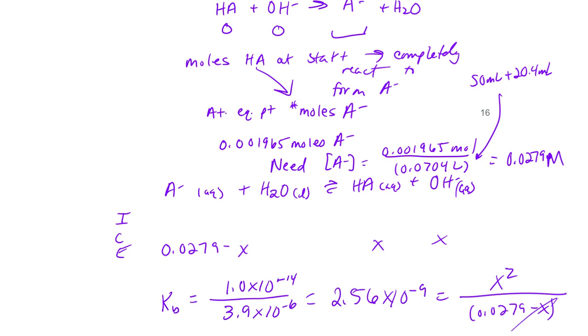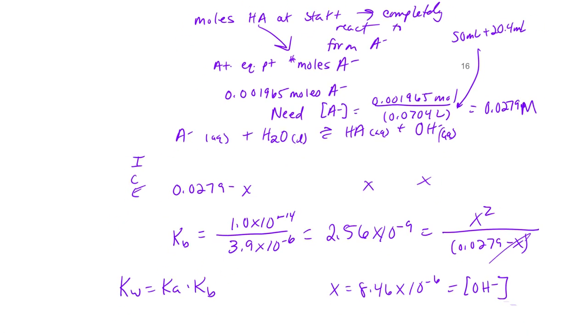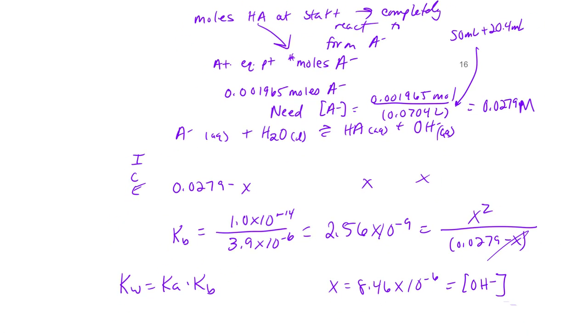Remember, we have this part of the weak base problems. You find x, that's the hydroxide concentration. So we can find pOH and then pH from there. Okay. So all of the things that we've done in the last couple weeks here, these are all coming together for titrations.